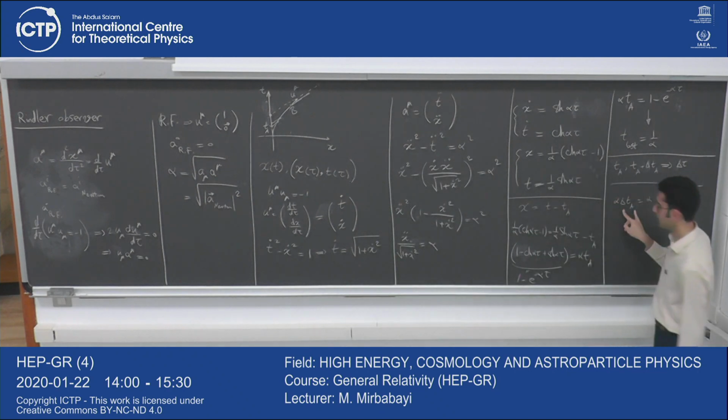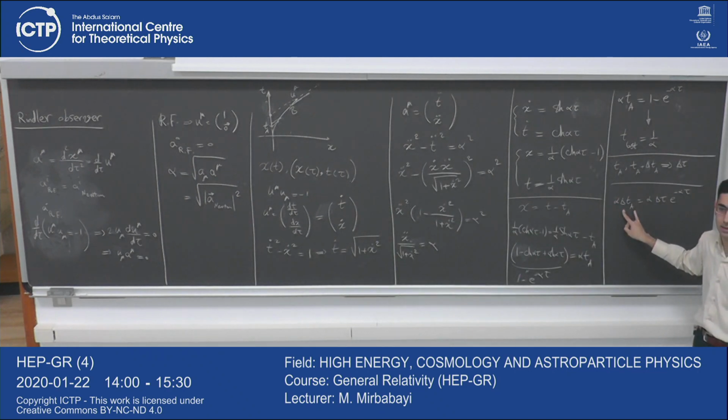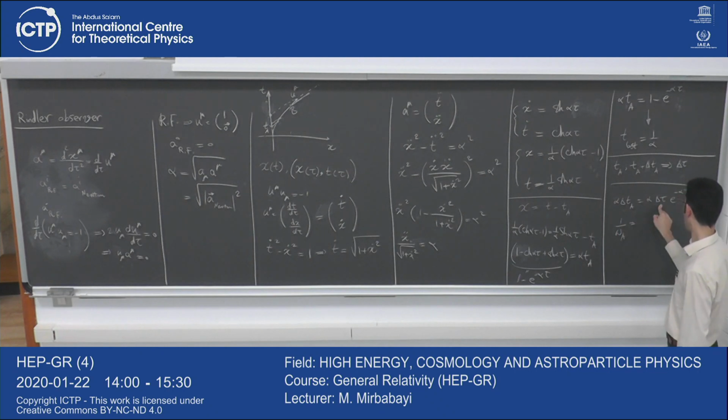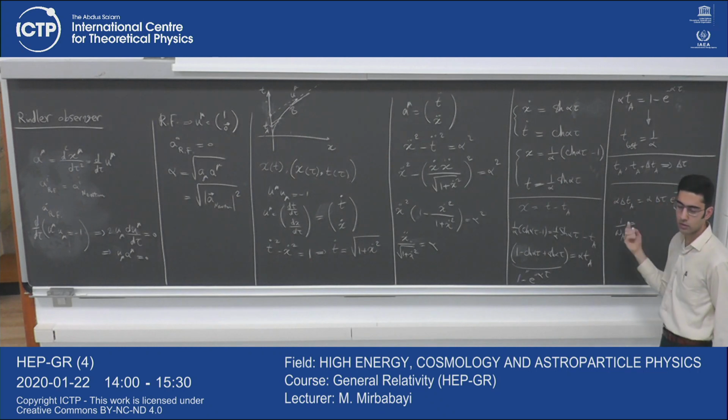So 1 over delta t_A is the frequency of messages as sent by Alice. So this is 1 over omega_A, and 1 over delta tau is the frequency at which the messages arrive.